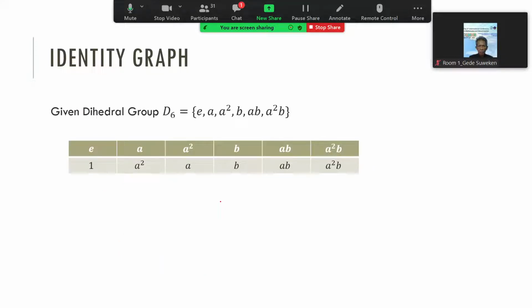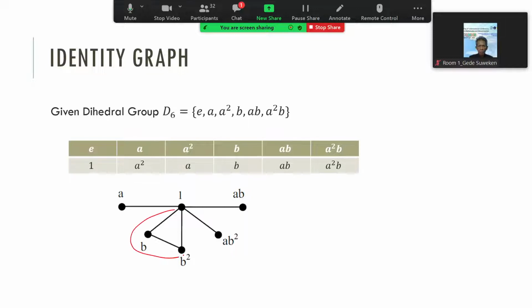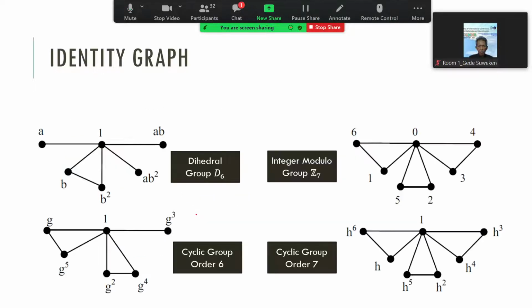I will show you the next example. This is the dihedral group D6. We have the same 6 elements, but we have a different graph. We have 1 triangle and 3 lines. The question is, can we count the number of triangles and the number of lines?